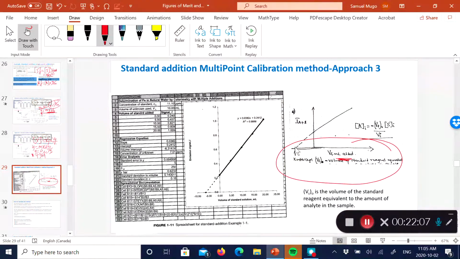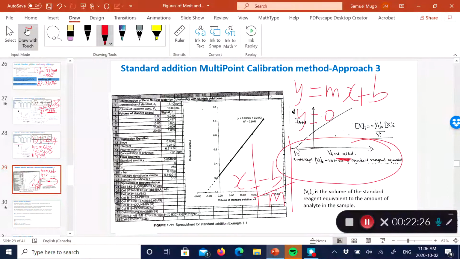Now when you get the equation of the line y equals mx plus b, you get the x-intercept by setting y equal to 0, and so x is going to be minus b again divided by m, and remember we only take the magnitude of that. But remember, this is going to be in volume because the intercept here is actually in volume.